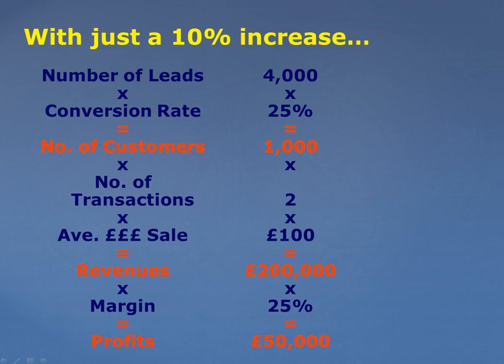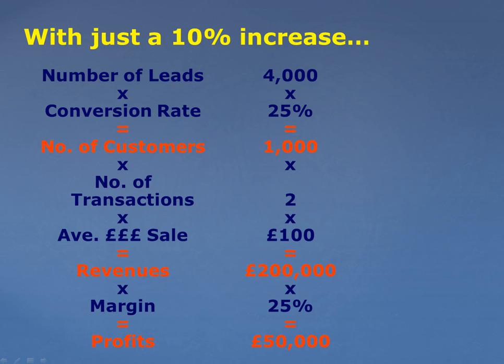So 100 per person, every time they came they spent on average 100. What that gives us is a simple revenue of 200,000. So as your little business, 200,000 in revenue, which is 2,000 transactions at £100 or dollars a piece.